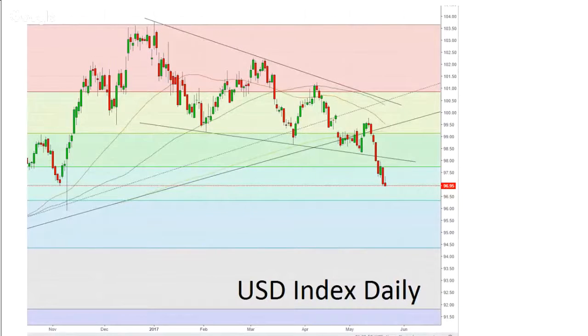So what do we have fundamentally with the US dollar? This worst week for the American currency in 9 months happened because American currency was hit hard by the political turmoil in the United States. The hype was caused by Donald Trump's firing of former FBI Director James Comey, allegations that Trump pressed Comey to stop investigating his former national security chief, and that Trump's campaign had ties with Russia.